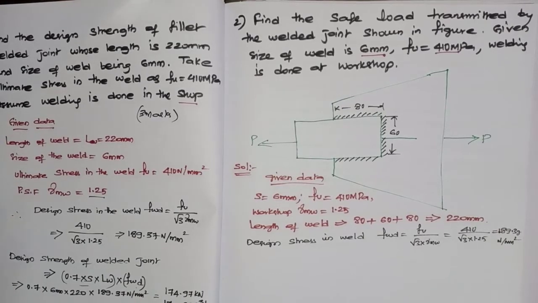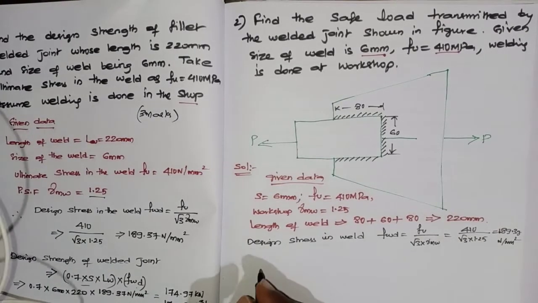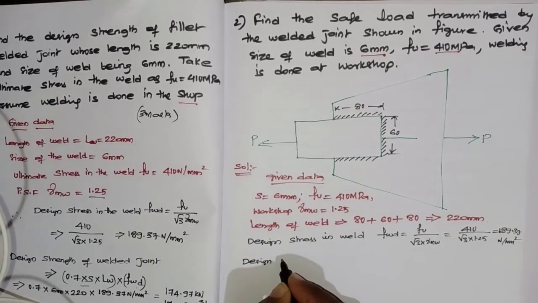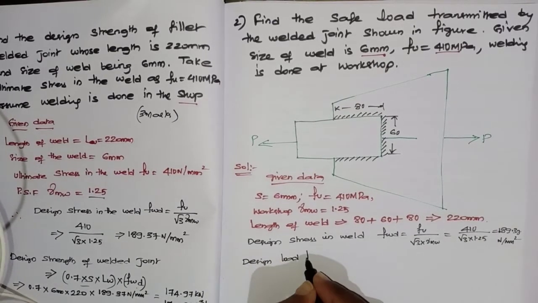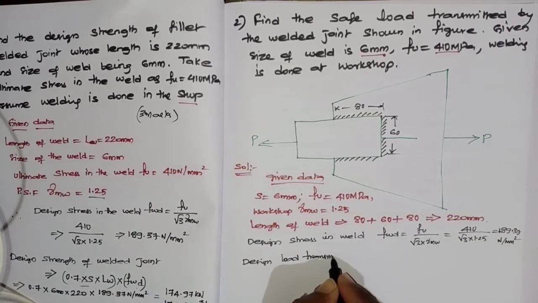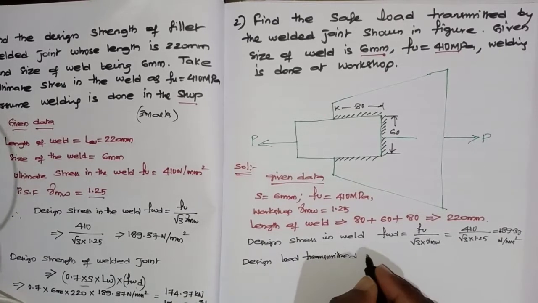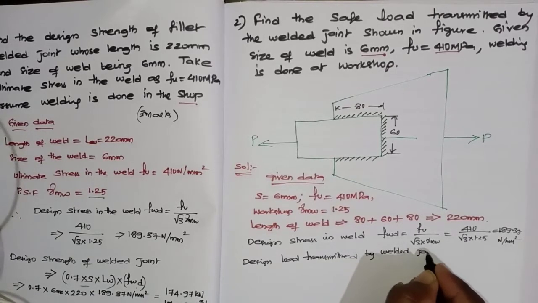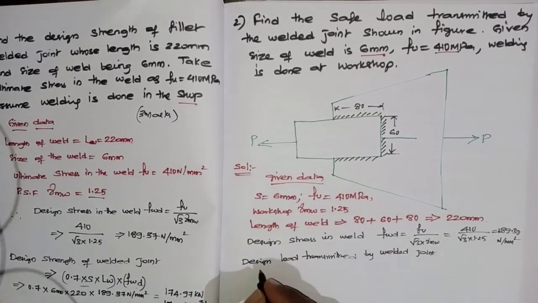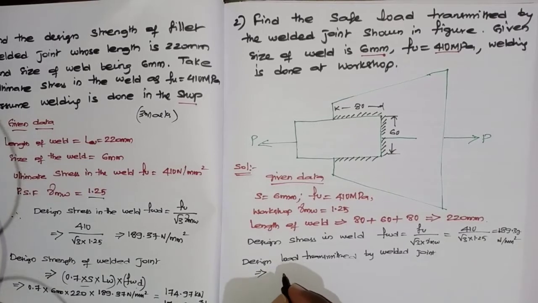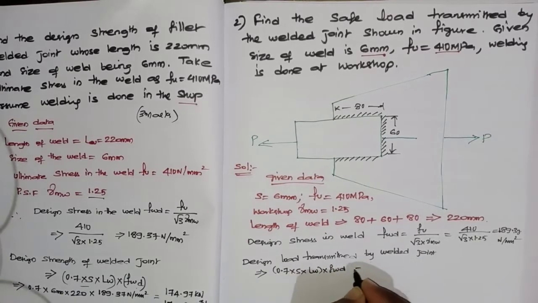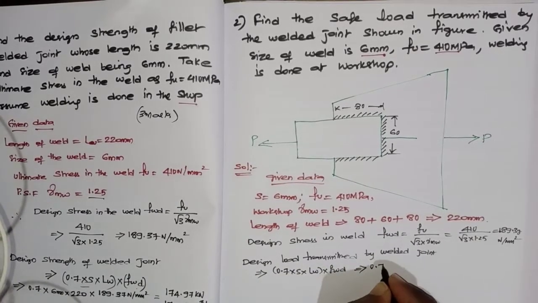Next, design strength or load transmitted. Design load transmitted by welded joint is how much? 0.7 into S into LWD into FWD, which implies 0.7 into, what is S?